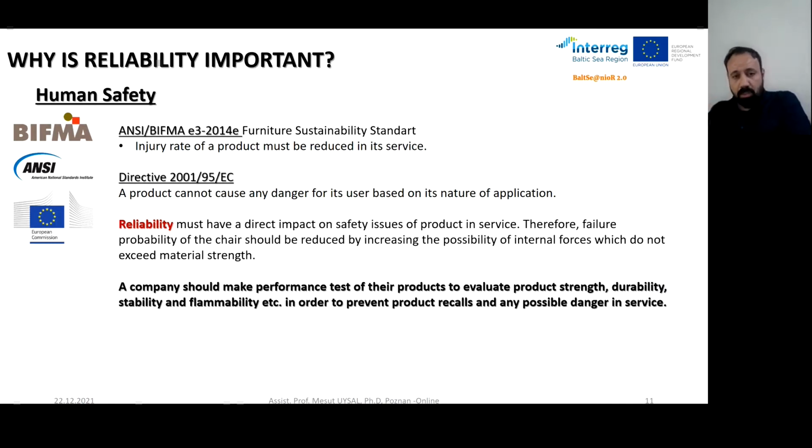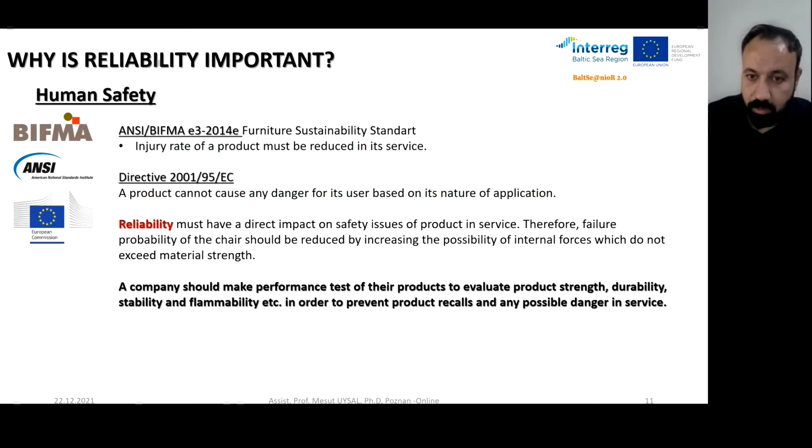So why is it important? Because a company can protect itself from product recalls and any possible danger in service. If a human gets injured from a furniture accident, and there are some examples of it, there were recalls for the furniture products.